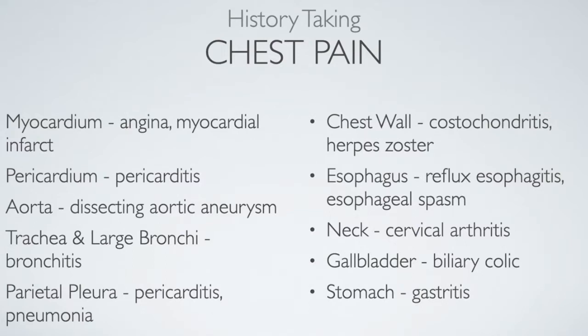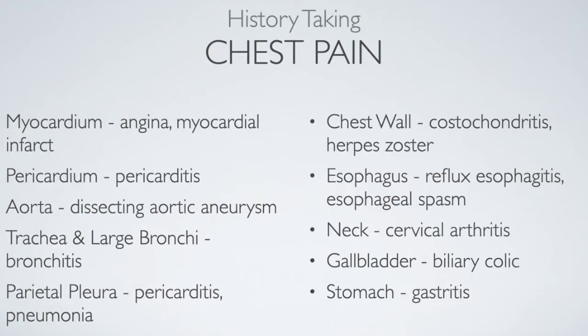Now, the dissecting aortic aneurysm would present with abdominal pain radiating to the chest. And this can be associated with really strong coughing or vomiting, or it could be triggered by simply the urge to poo or straining when defecating.